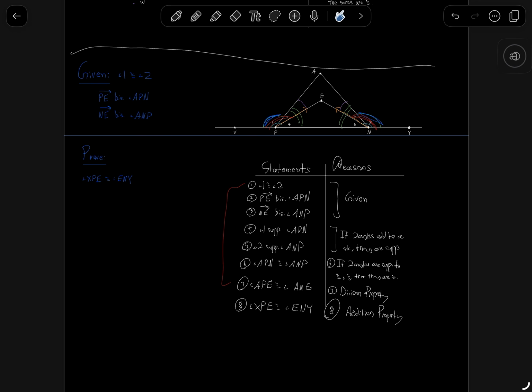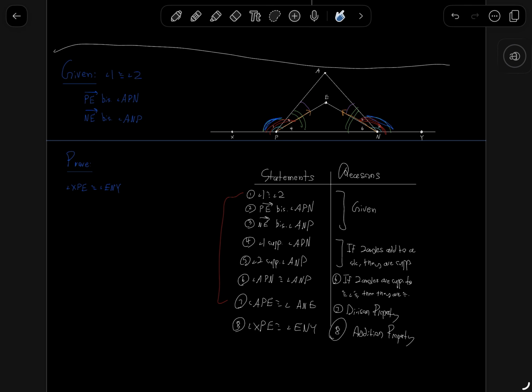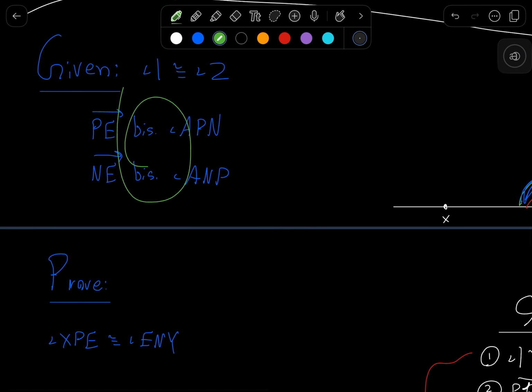The most important thing, and I can't stress this enough, is to look at what you have in the given information and just start solely from what you have there. In this case, with that information given and the diagram, we were able to deduce that there would be a division property used at some point, and a good sign of that is these two bisector keywords here.